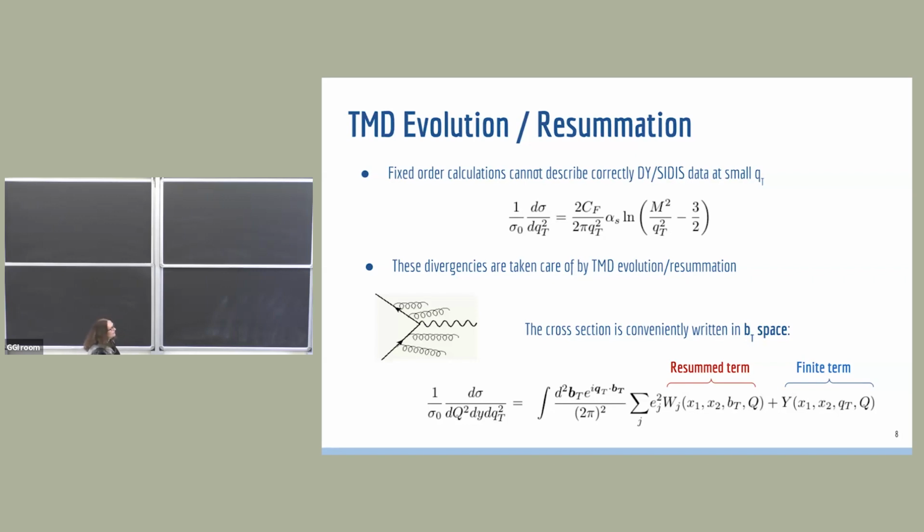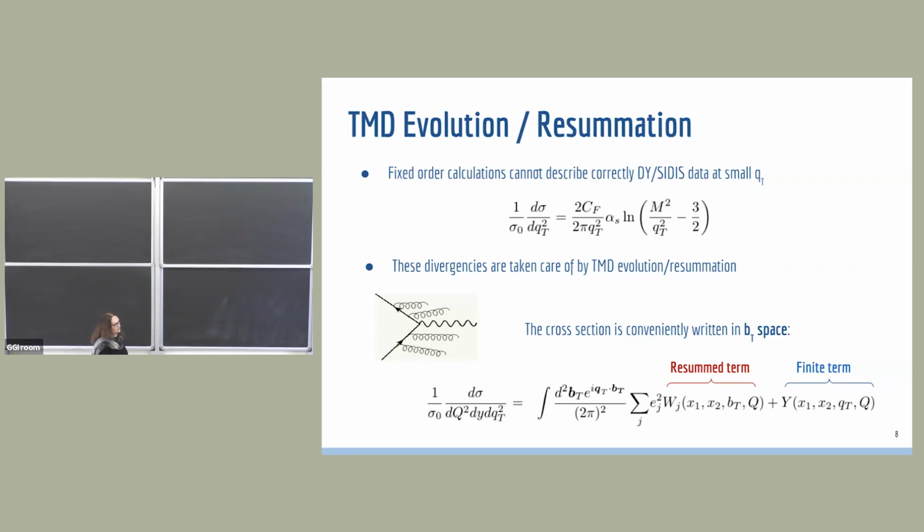If you appropriately take into account this radiation, you can write your cross-section, and I stress that this cross-section is differential in QT, so it picks up the detail of the QT dependence that you are interested in a nice and separated way, in which there is a term which is called the W term, okay, which is initially divergent, but you resum it and you make it convergent.